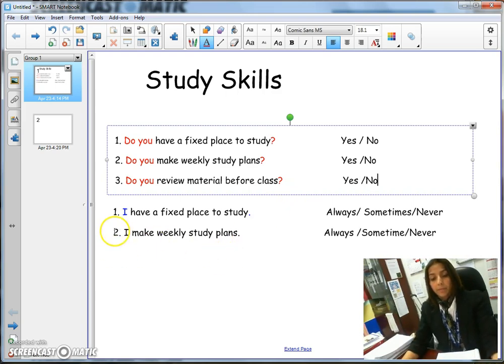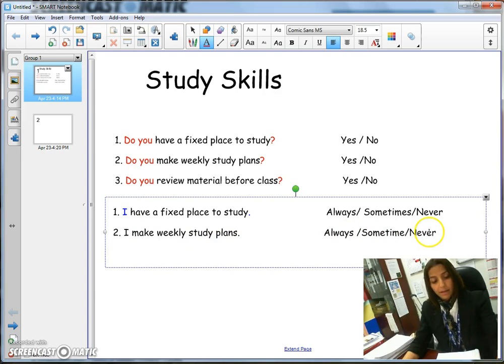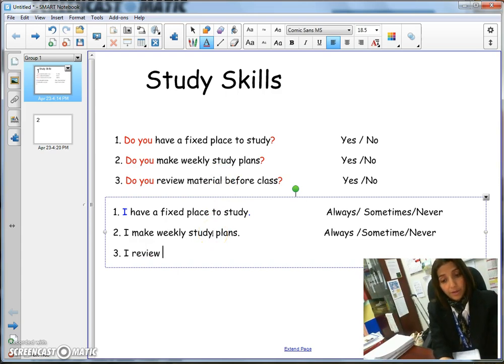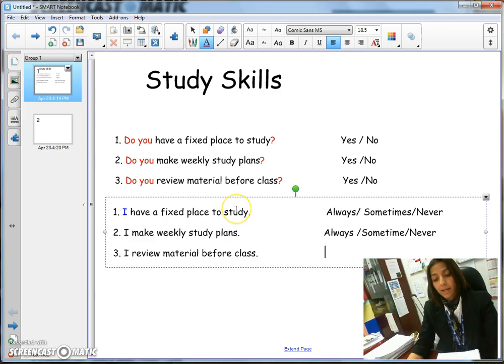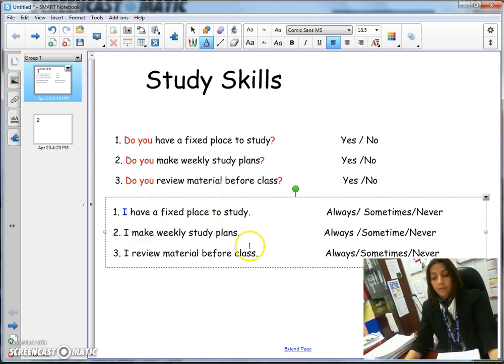Let's come to the second, that is a 3-point scale. In the 3-point scale, how would we put the third item? "I review material before class," right? And so your answers can be always, sometimes, never. So I hope you understand how to construct the survey items.